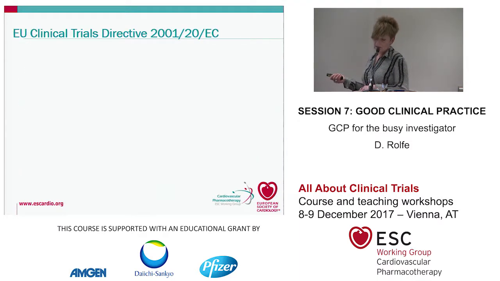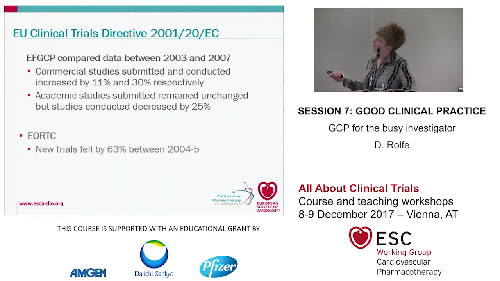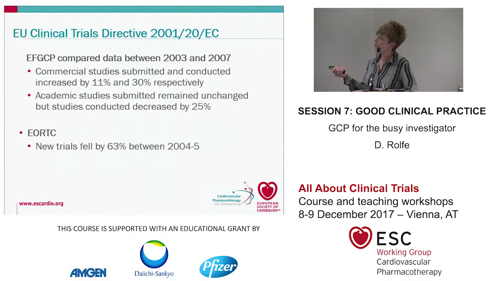So it caused chaos and caused a drastic reduction in academic studies that were being put through. The European Forum for Good Clinical Practice compared data between 2003 and 2007. And there you can see the studies being conducted decreased by a quarter. The EORTC's new trials fell by 63% between 2004 and 2005.